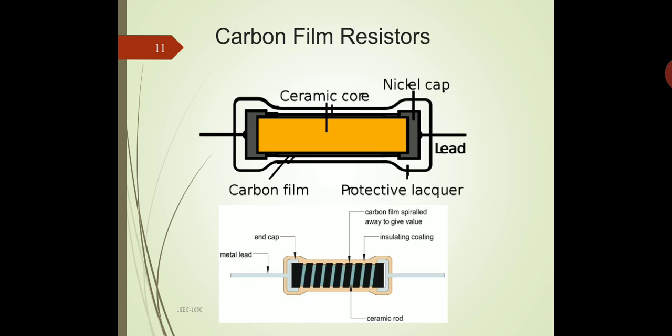Again at the ends there are end caps like nickel caps. There is a metal lead and over it there will be a protective layer as usual. The red arrow is indicating the spirally cut carbon film deposited on the circumference of the cylindrical rod.